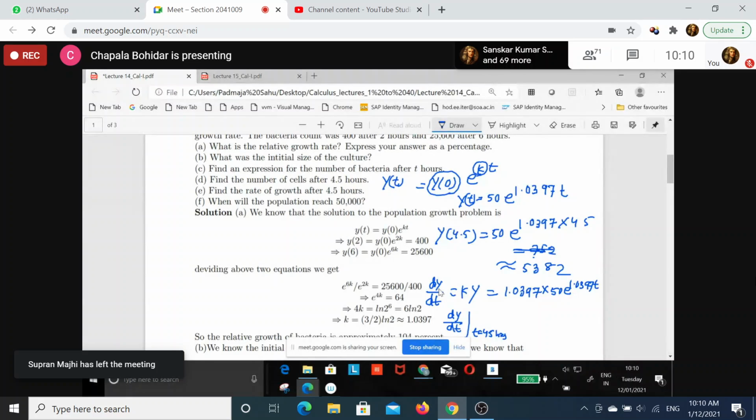What do you write down? 1.0397 into 50 into e to the power 1.0397 into 4.5. What is the value?